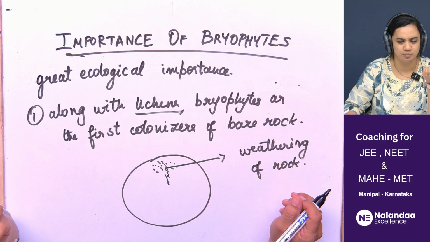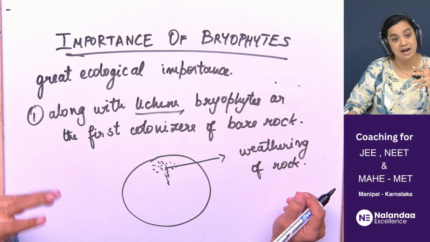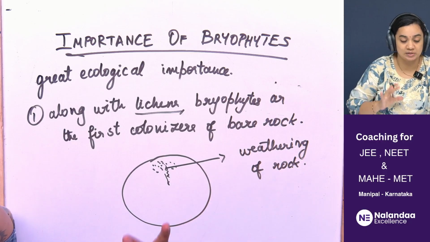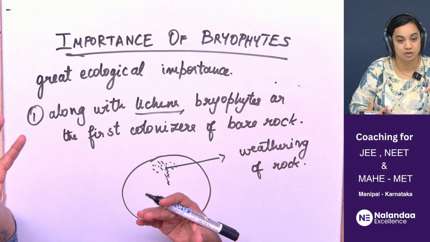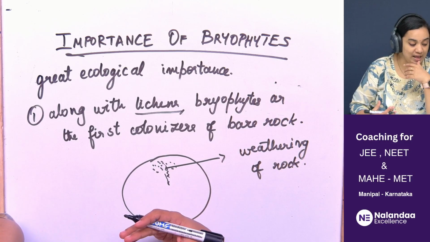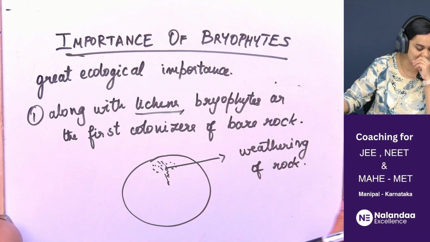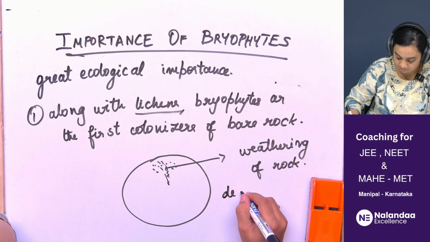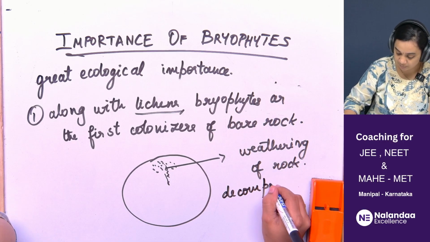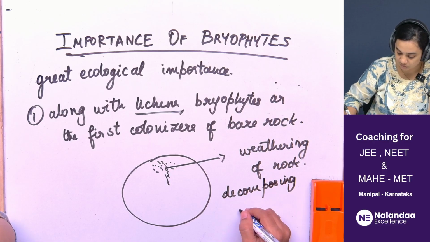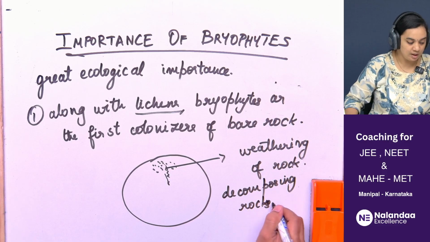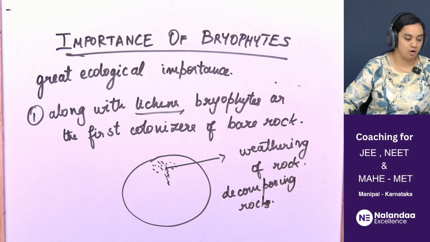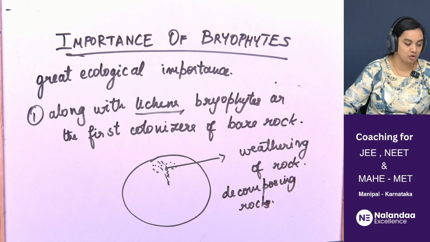It is a very gradual process, right? So they undergo weathering and produce soil. So by continuous habitation on bare rocks, bryophytes help in the weathering process of rocks. That is one ecological importance. They help in decomposing rocks and thereby the formation of soil.